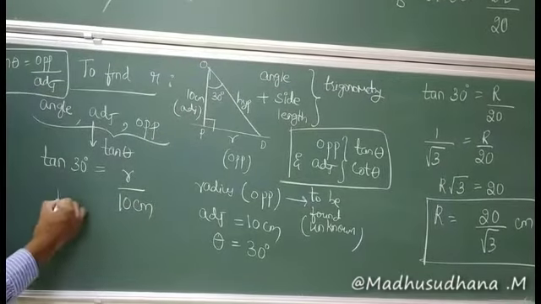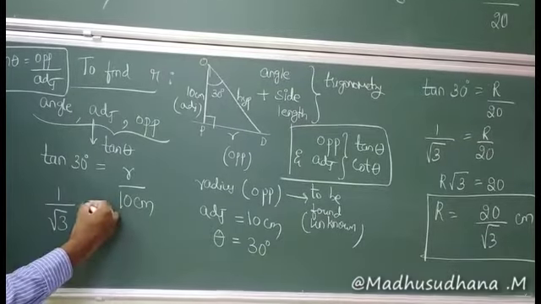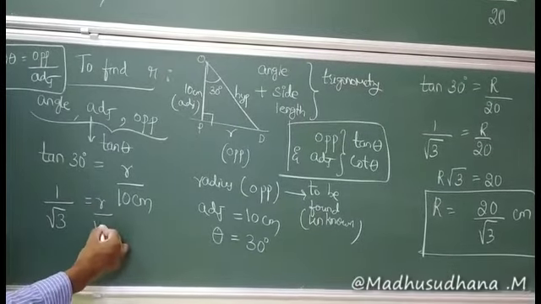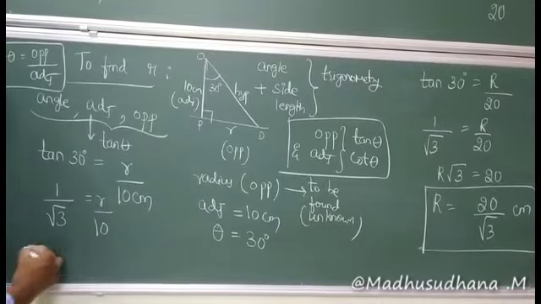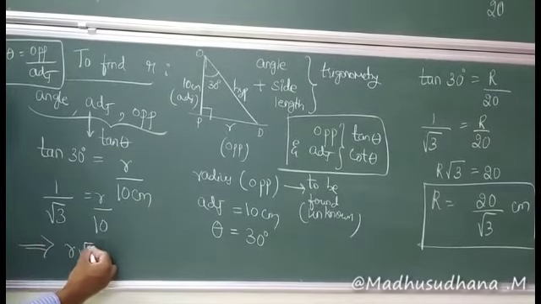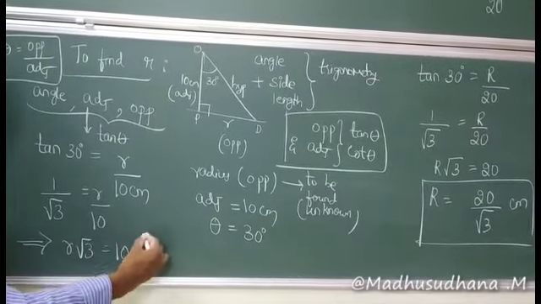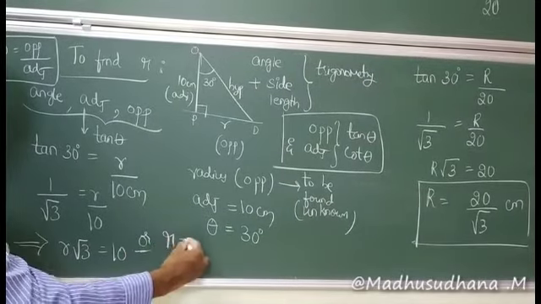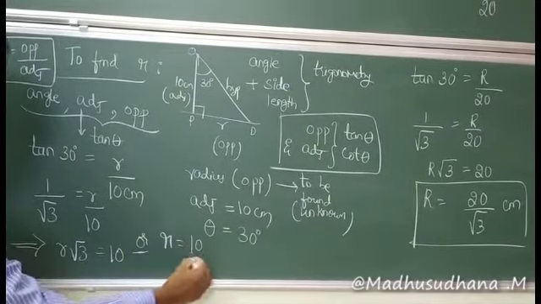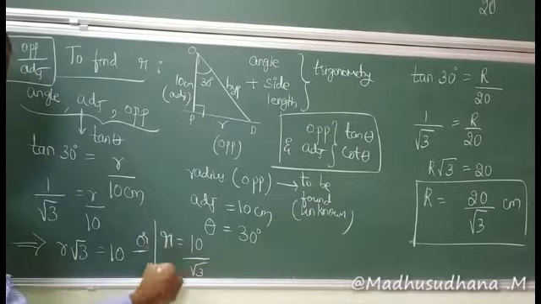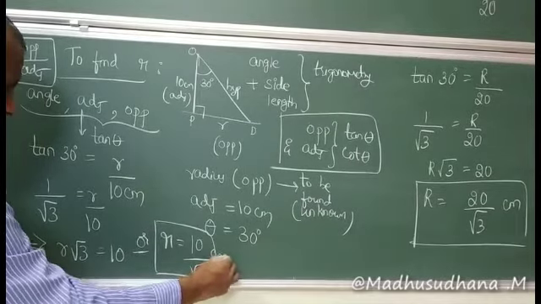Tan 30 is 1 by root 3, which is equal to r by 10. If I cross multiply, r root 3 is equal to 10, or r is equal to 10 by root 3 centimeters.